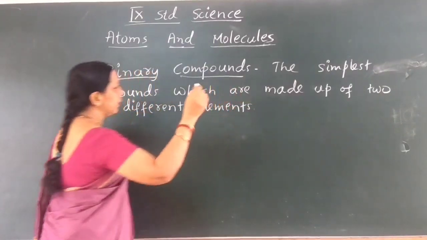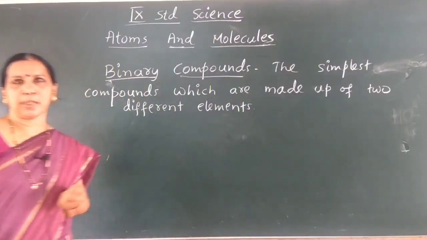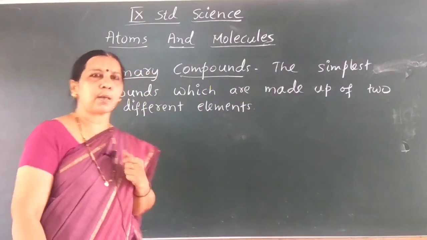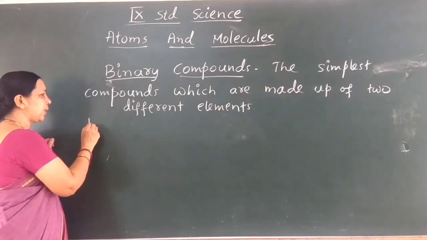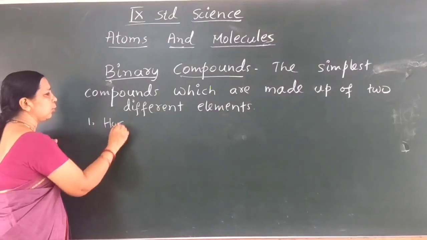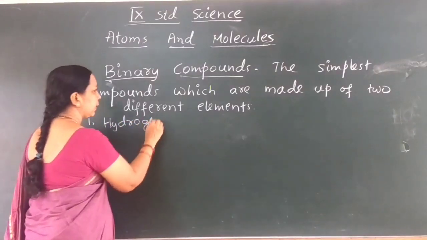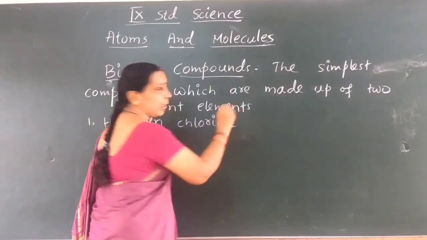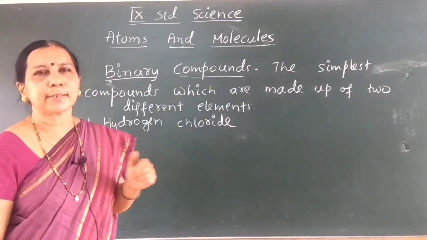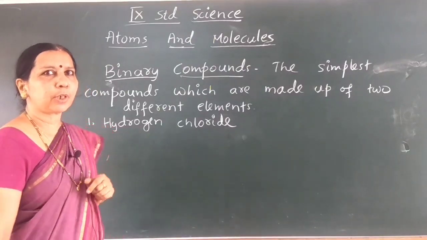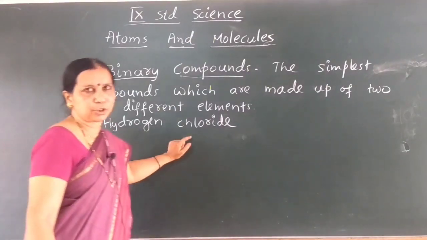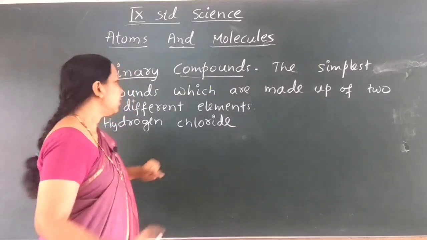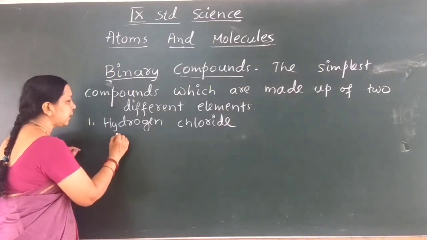Now let us learn how to write the chemical formula with some examples. Now let me take a chemical compound, hydrogen chloride. We must know which elements are present in hydrogen chloride, and let us write the constituent elements first. Which are the elements present?